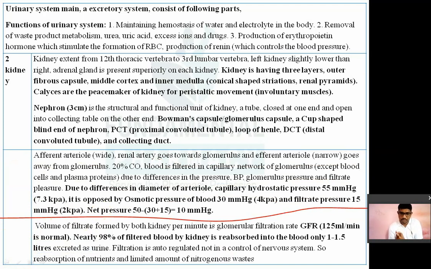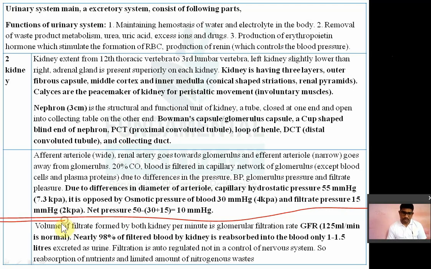And the filtrate that is already filtered also exerts some pressure, known as filtrate pressure, which is around 15 mm of Hg or 2 kilopascal. So net pressure is 55 minus 30 plus 15, that is 10 mm of Hg. This pressure is responsible for the filtration of blood from the glomerulus.